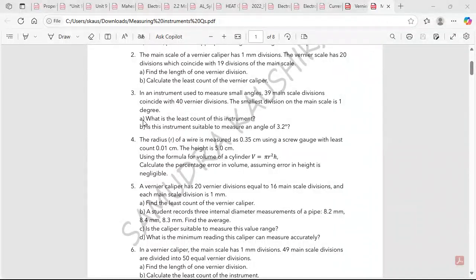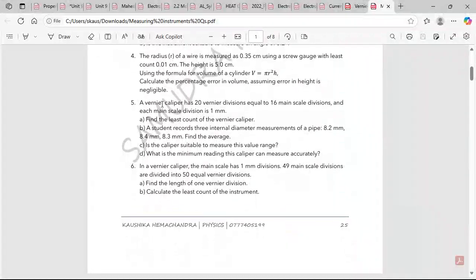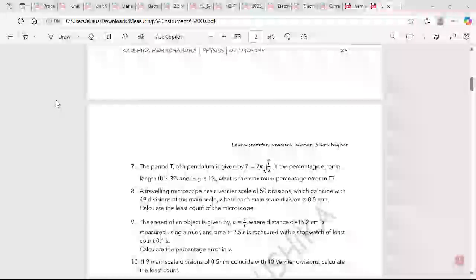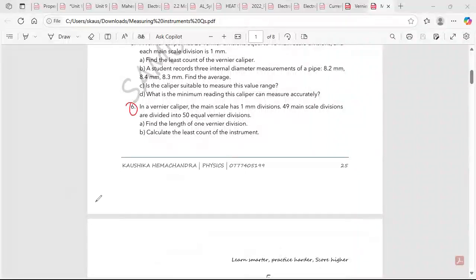Then also do the fifth one. Homework, right? Fifth one homework. And the sixth one also. 5, 6.